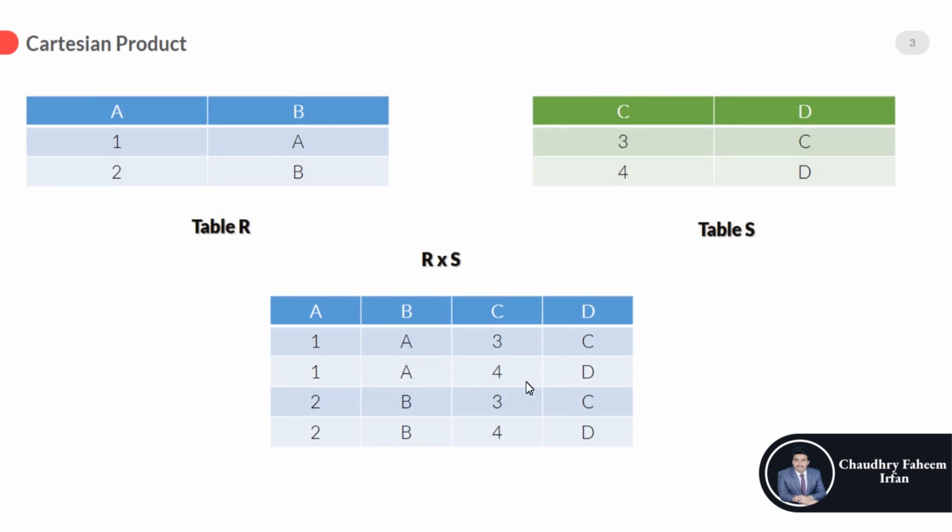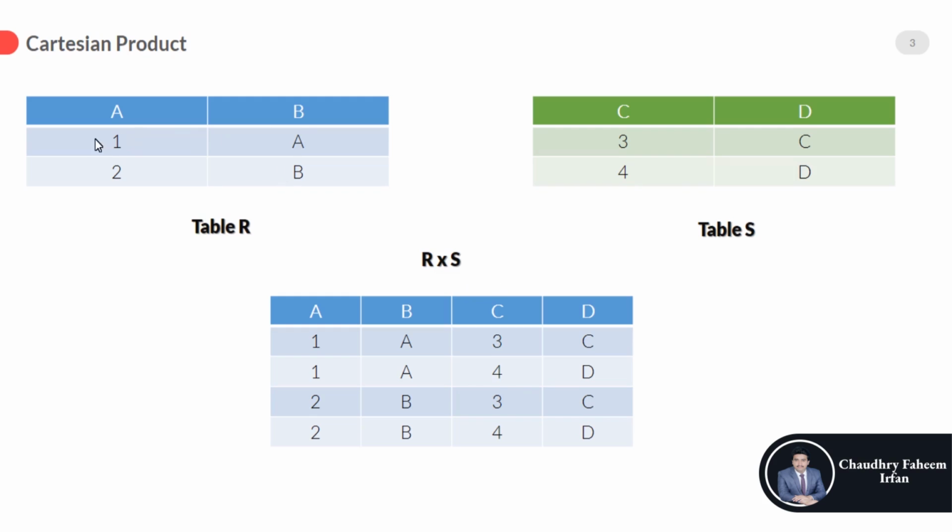Now a Cartesian product example. We have two tables, one is R and another one is S. R and S have a total of 4 attributes, and 2 rows in each. So 2 multiplied by 2, in the result there are 4 rows.